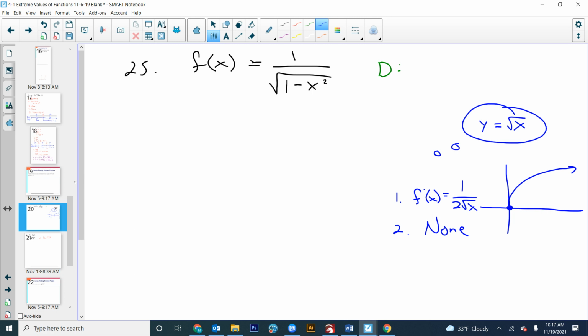No smooth critical points. Step 3. When does f prime of x fail to exist? Well, here's f prime. When does it fail to exist? When the denominator is 0. When x is 0. Do you agree?